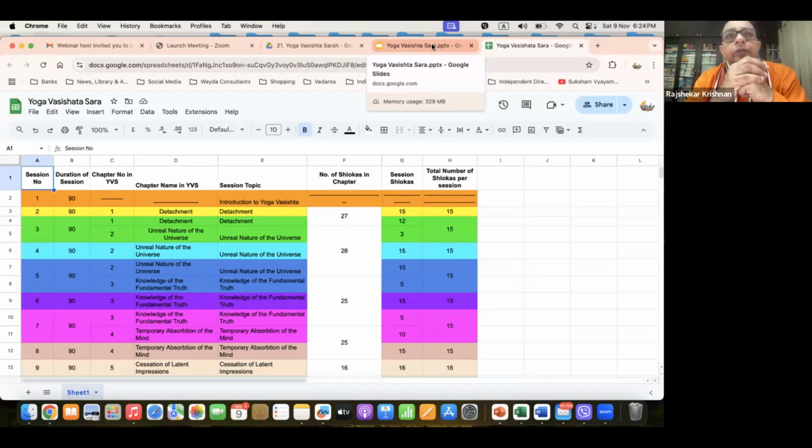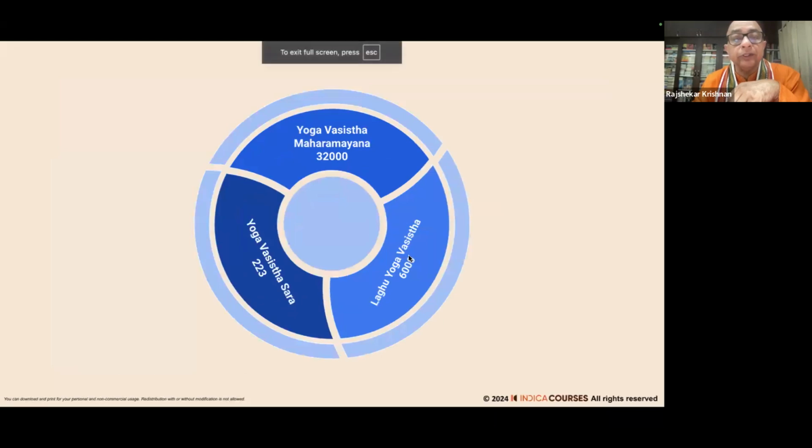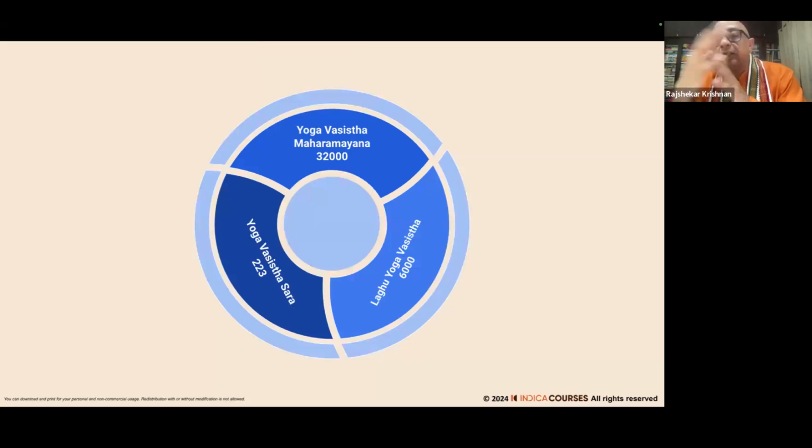Then the condensation called Laghu Yoga Vasishta, of 6,000 verses, is by Abhinanda Gaud Pandita of Kashmir. And he would obviously have gone through the 32,000 verses any number of times to pick out 6,000 key verses. This is available currently, as is the Yoga Vasishta Maharamayana. There are versions in Hindi and versions in English also.